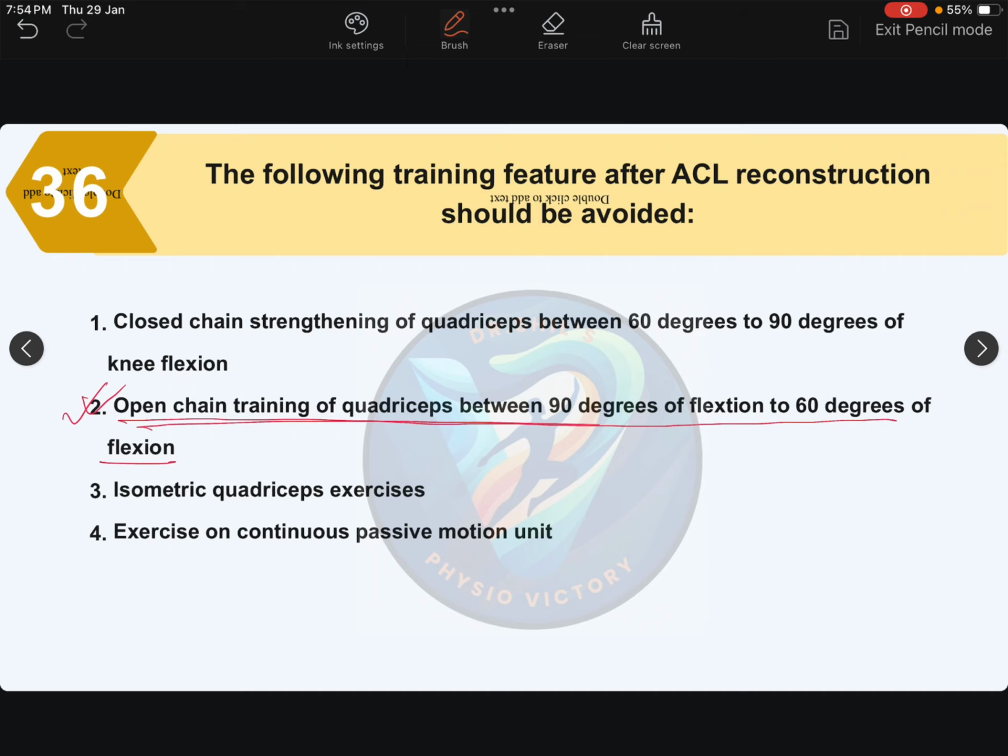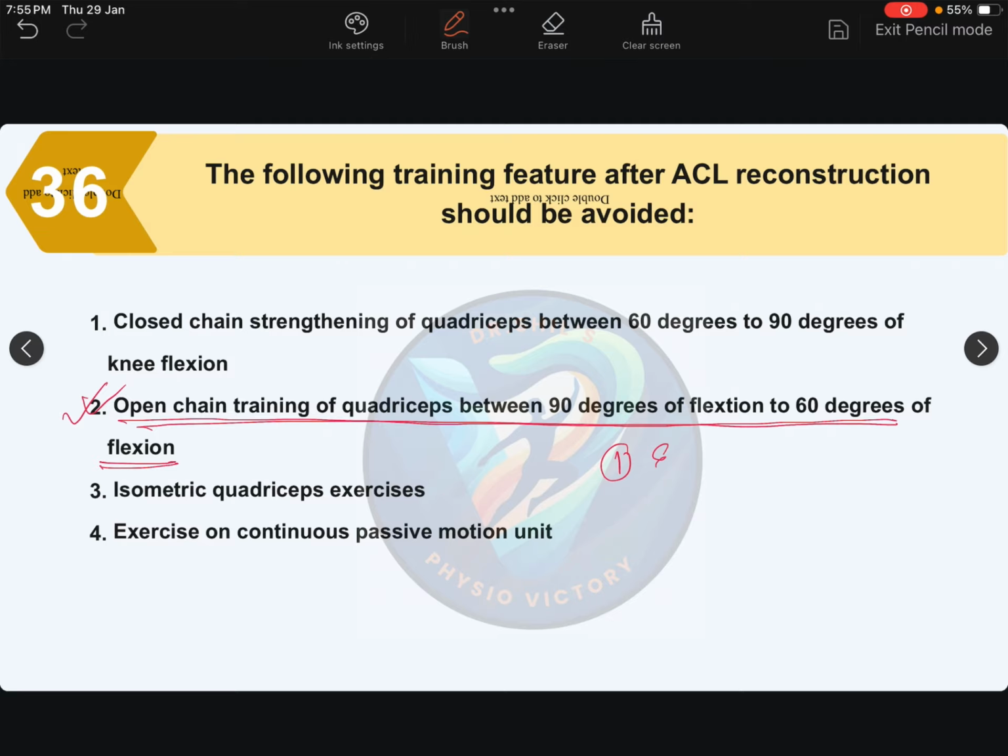This should be avoided. Open chain knee extension between 90 to 60 basically causes excessive anterior tibial translation.